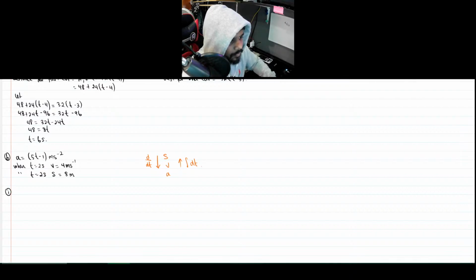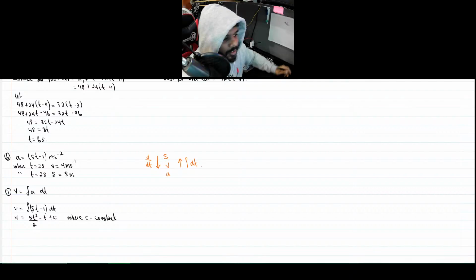Velocity is equal to the integral of acceleration with respect to time, which is the integral of 5t minus 1 with respect to time. That is 5t squared over 2 minus t plus c, where c is a constant.